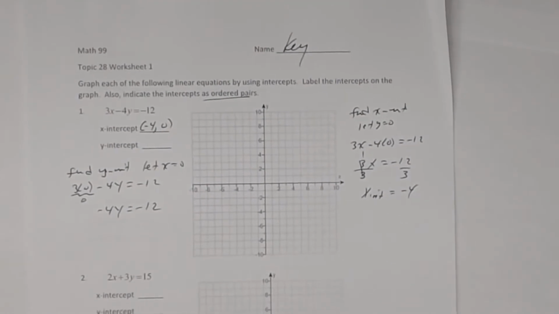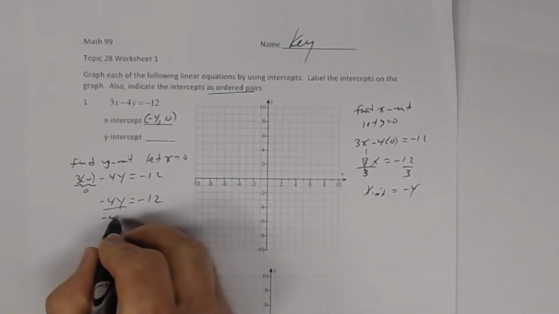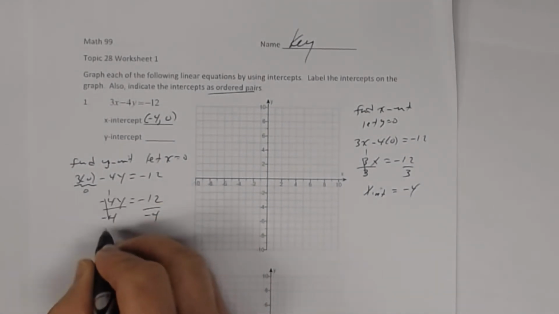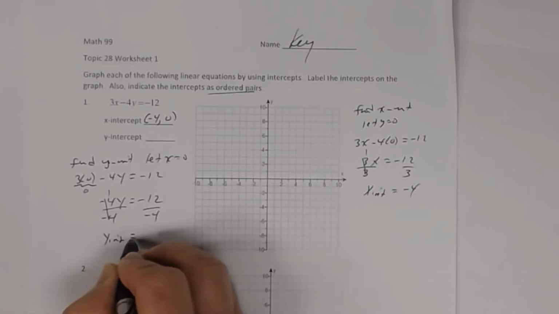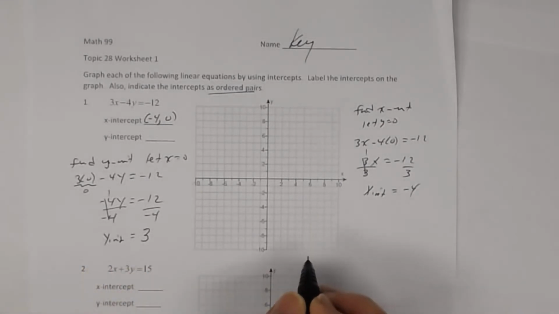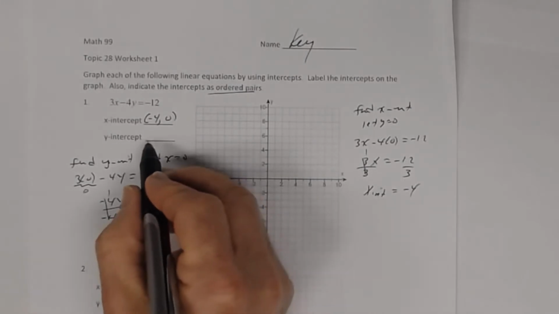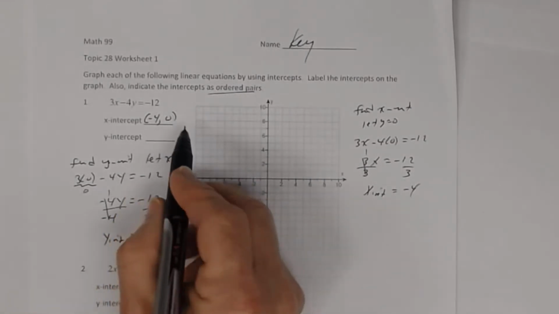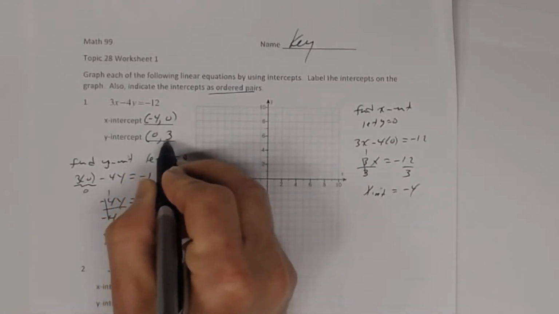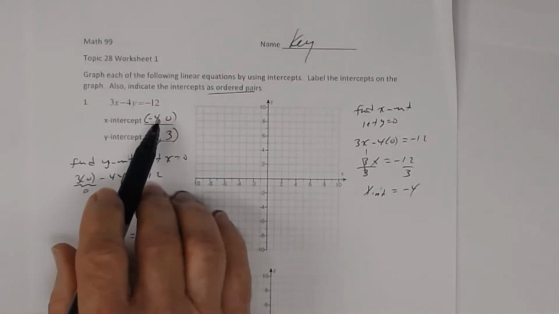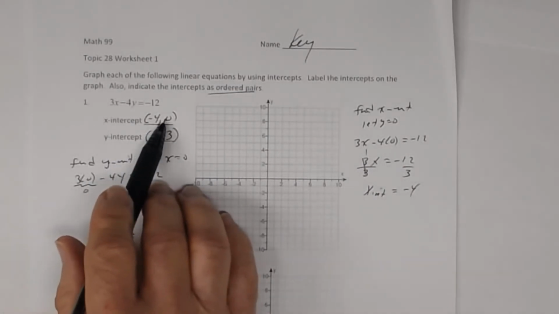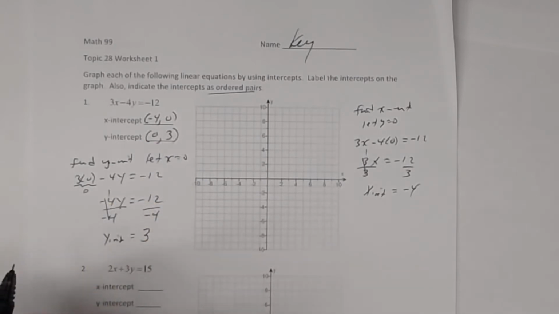Dividing both sides by negative 4, I get a y-intercept of positive 3. As an ordered pair, that's (0, 3). Make sure you put the zeros in the right place: for the x-intercept, the y is 0; for the y-intercept, the x is 0.